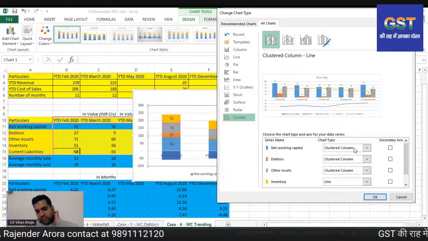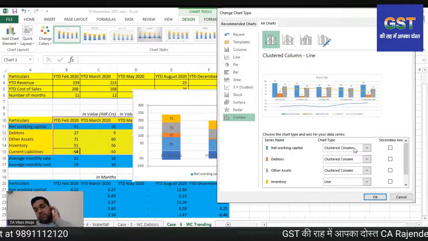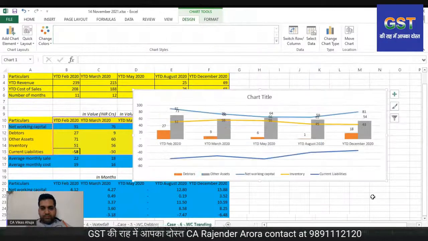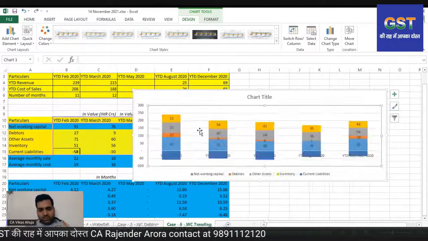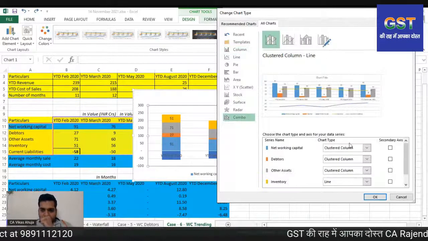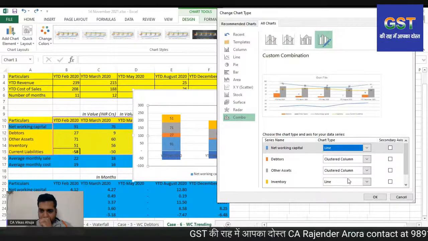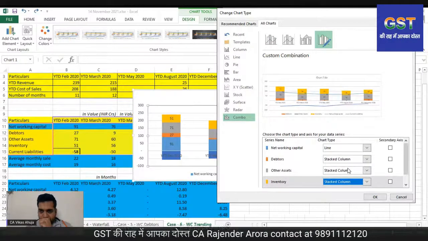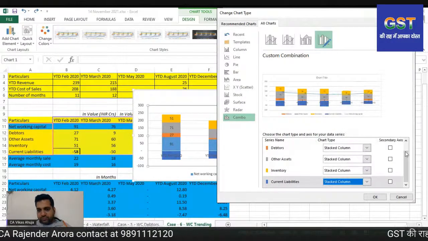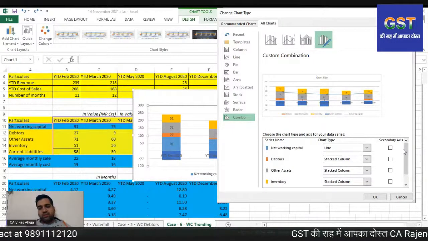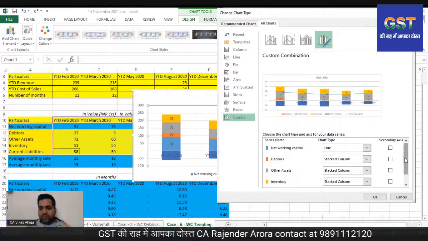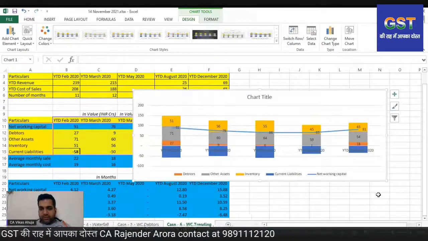For net working capital, we don't need it in bar graph form; we should make it a line graph. So just the net working capital in the line graph and the other columns in the stacked column normal bar graph that we will put.